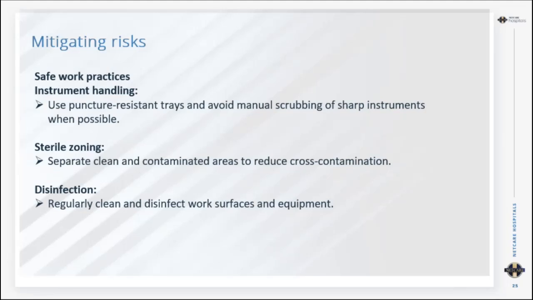So for this process where we don't have separate areas, how do we allocate staff working in the areas, and how do we speak to staff about reducing cross-contamination? And then with disinfection, you're regularly cleaning and disinfecting your work surfaces and equipment. So I think those are just some of the ways that we can mitigate risks.